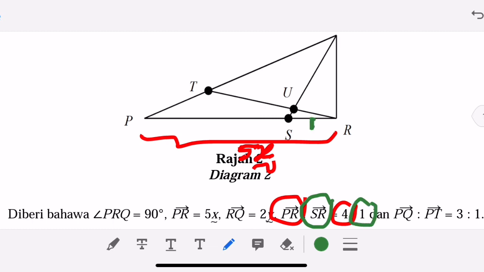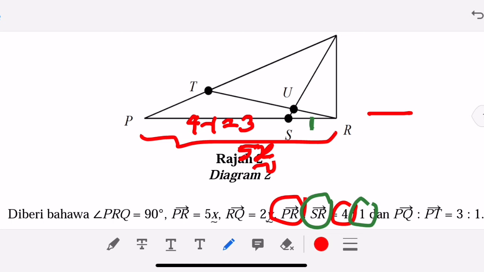So if you have 5x divided by 4, that means 1 portion is 5x divided by 4, right? So SR is actually 5 over 4 x. Agree? And then PS will be 3 times, right? You have to take 4 minus 1, which is 3. Then the vector PS will be 3 times 5 over 4 x, right?